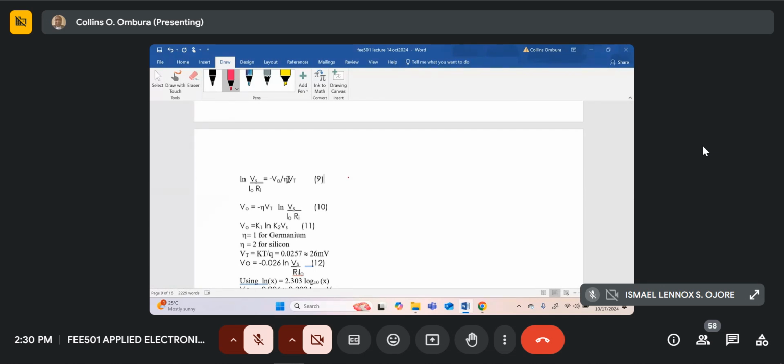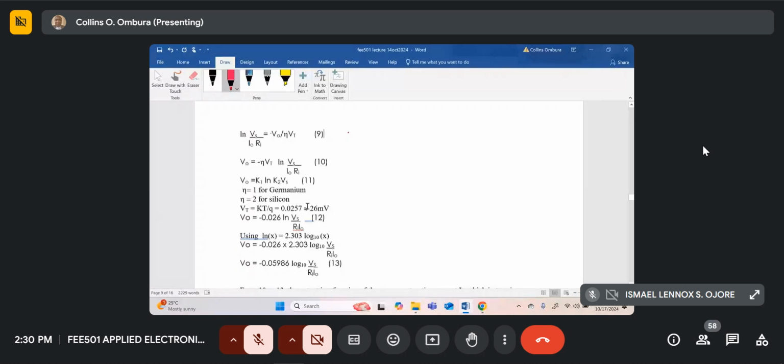And then multiply left-hand side, right-hand side by minus 1. So if you do that, you'll get V naught is minus neta Vt natural log Vs over I naught R1. And if you look at equation 10, this is our standard form for our log amplifier.